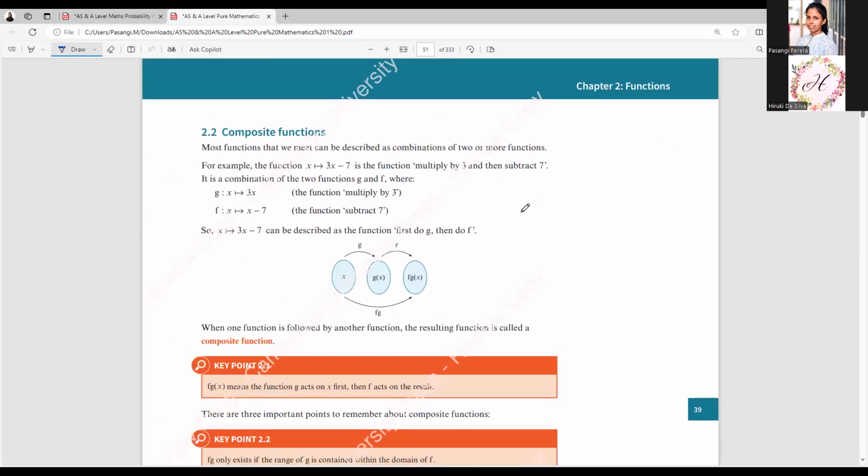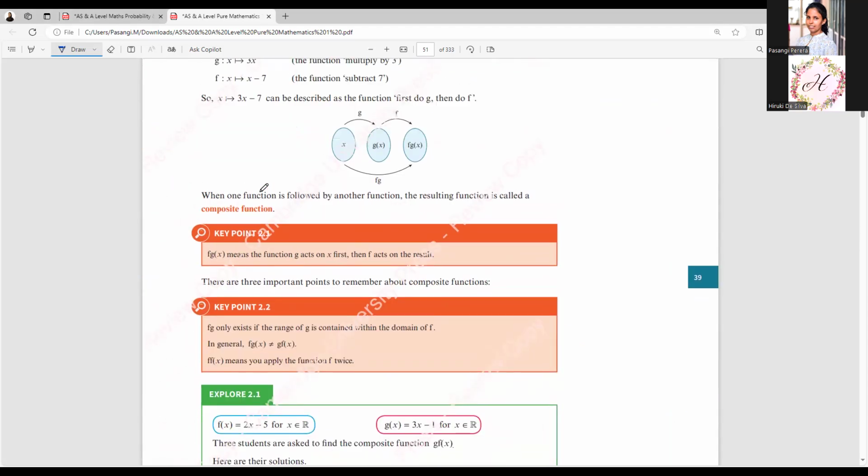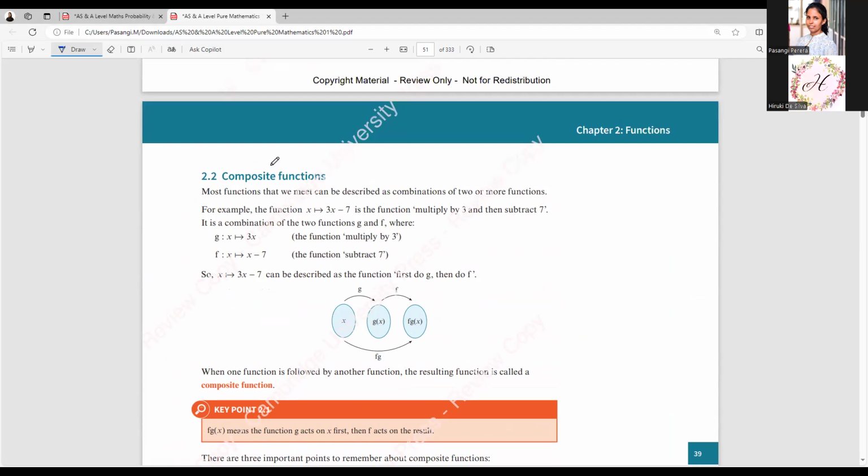Okay. Now we have the composite functions. For these composite functions, let's assume we have two functions. One is g, gx is equal to 3x. And the other function is fx is equal to x minus 7.